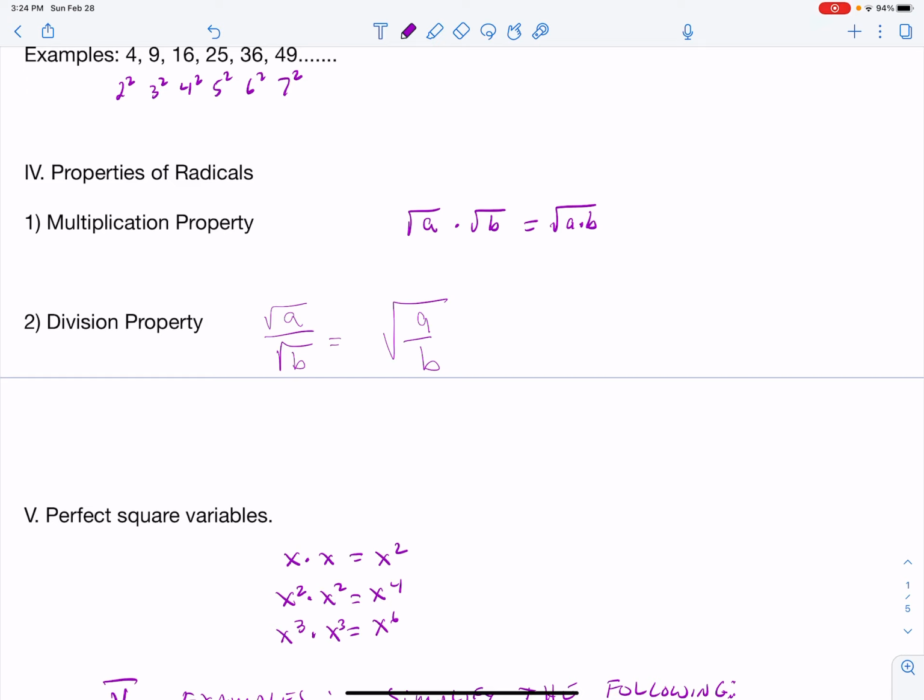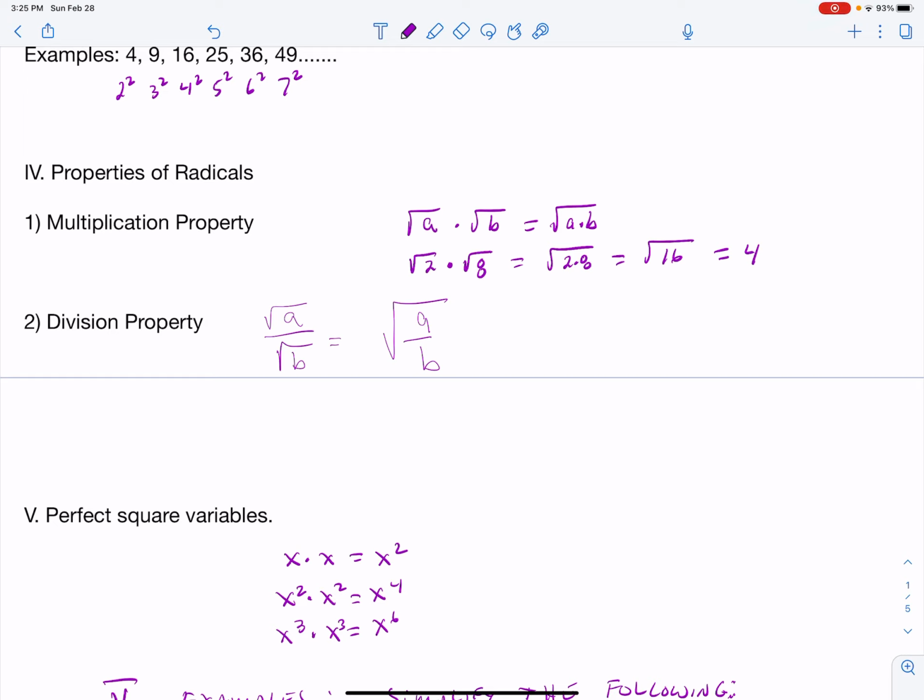So that's like the square root of 2 times the square root of 8. Now take a look at that. 2 doesn't have a perfect square, and neither does 8, but we can say that's the same thing as the square root of 2 times 8, which is the square root of 16, which now we can take the square root. The square root of 16 is 4. All right?